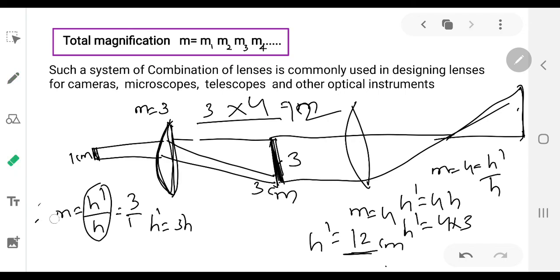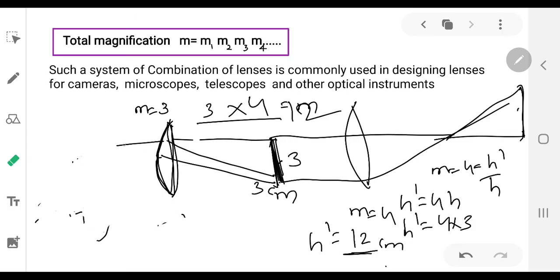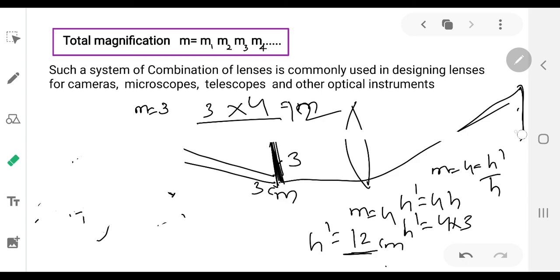Such a system of combination of lenses is commonly used in designing lenses for cameras, or sometimes to have magnified large images.